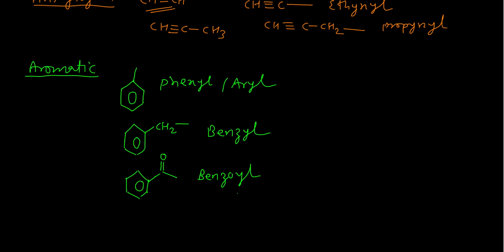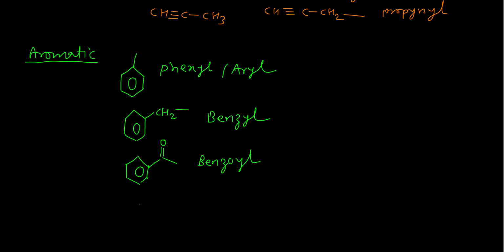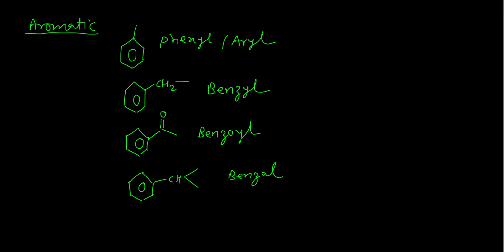And there is one more category, benzylidene, that we will see. Here CH and two valencies will be free, not bonded by hydrogen. So this group is called the benzylidene group. Okay, and if all three valencies of carbon are free, then what will it be?